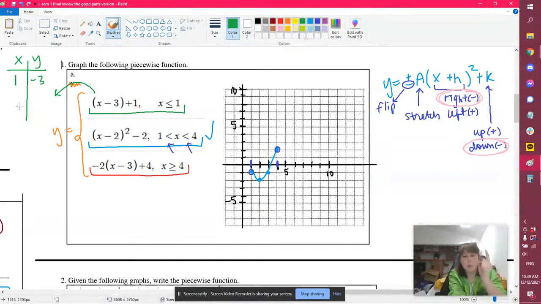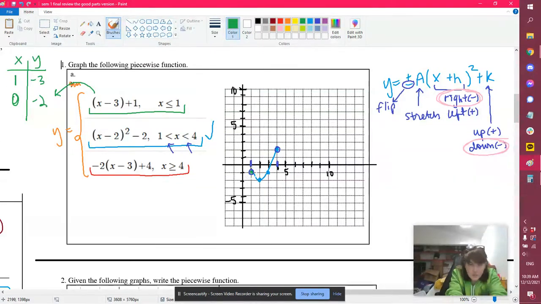And then I need to plug in one other point that's in my domain. If I was in the blue line, I would plug in 1 and 4, right? But because this domain is less than 1, I'm just going to pick anything that's less than 1. I'm going to pick 0 because it's my favorite number to plug in because it's the easiest number to think about. 0 minus 3 is negative 3, plus 1 is negative 2.